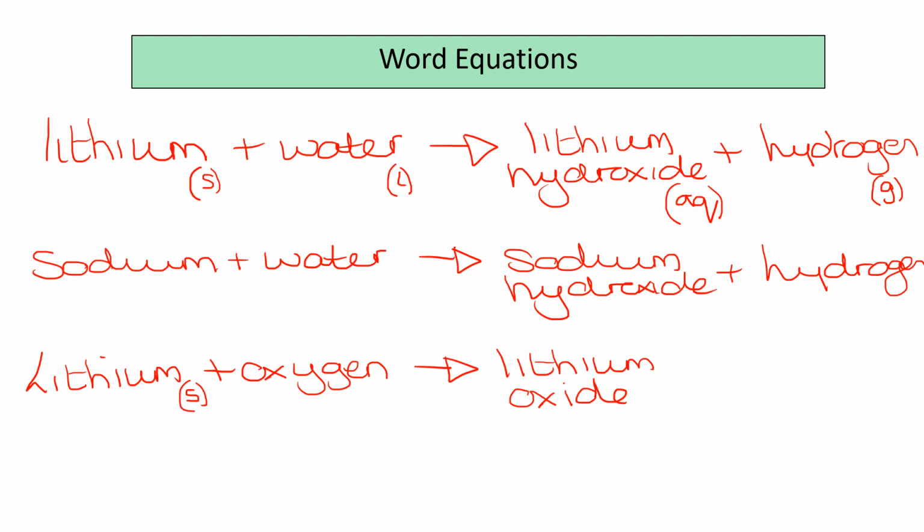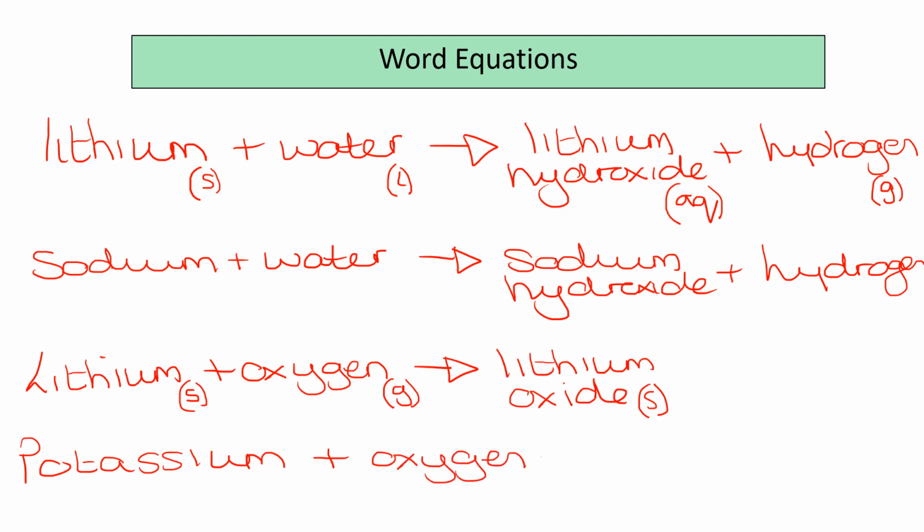Oxygen is a gas found in the air, and lithium oxide was the solid black layer found on the outside. Again, the other alkali metals will react in the same way with oxygen. So we can write potassium plus oxygen produces potassium oxide, and the state symbols would remain exactly the same again.